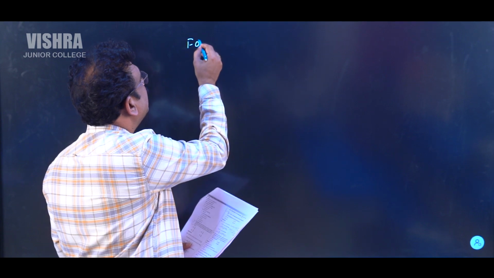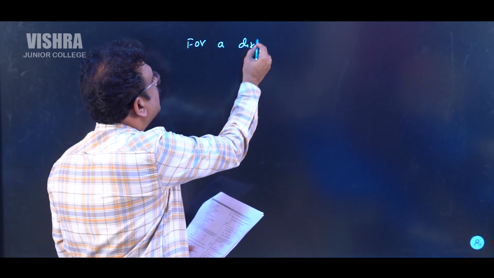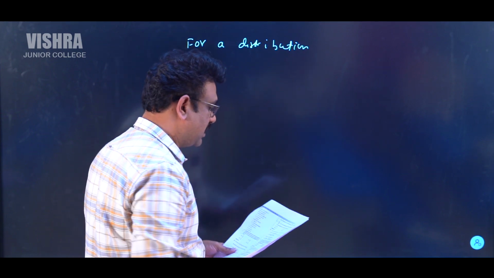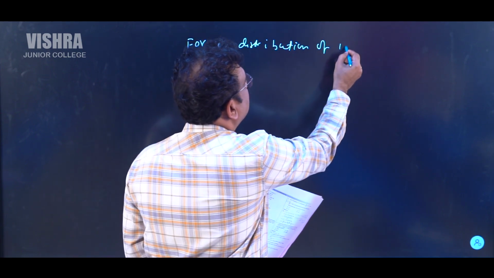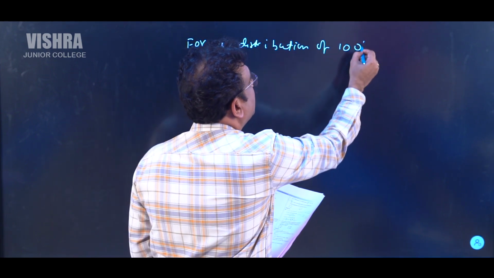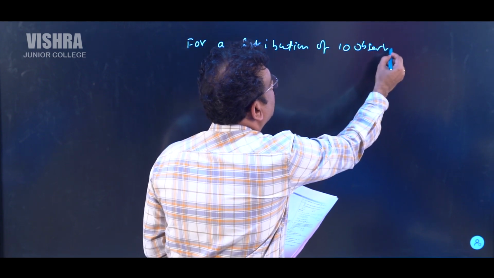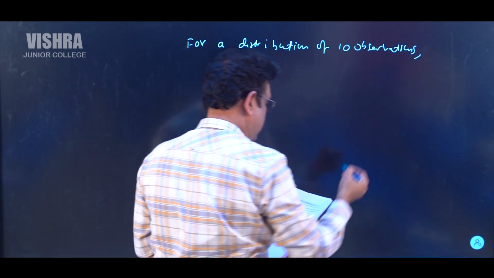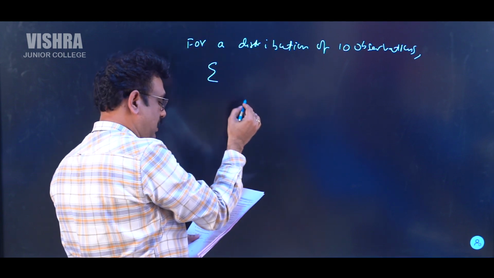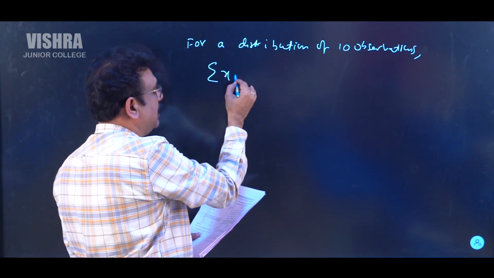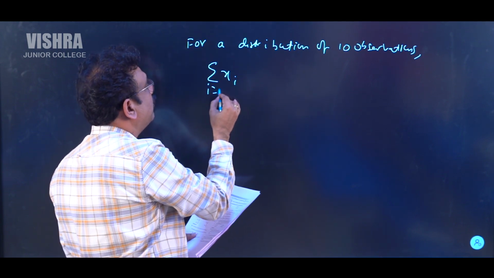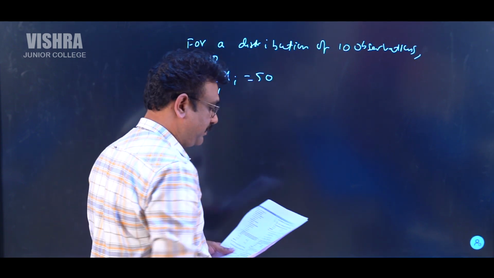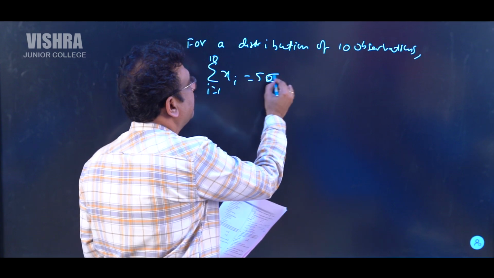For a distribution of 10 observations, sigma xi, i equal to 1 to 10, is equal to 55. We are given 55.